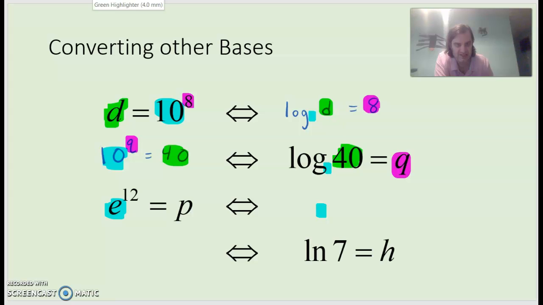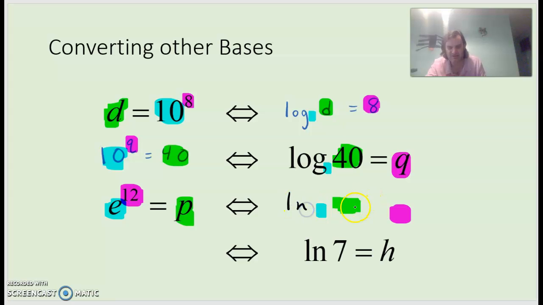The exponent is 12, and the argument is the result, p. So I don't even have to write that base, so I'll use natural log of p equals 12. I don't need to write that e down there.